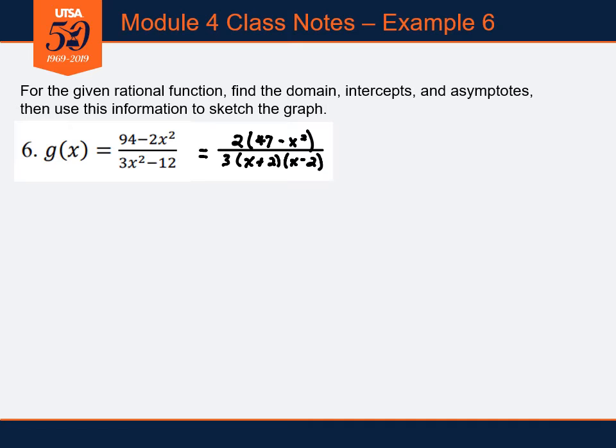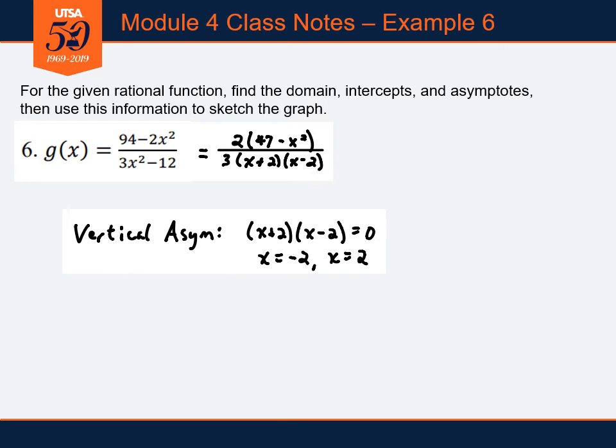We will use that information along with information we find now about the asymptotes, which work out a little bit nicer, definitely, with our vertical asymptotes occurring at the points where the denominator is 0. So we set x plus 2 equal to 0 and x minus 2 equal to 0, and we get x equals -2 and x equals +2 for my vertical asymptotes. For the horizontal asymptote, we note that the degree of the numerator is 2 and the degree of the denominator is 2.